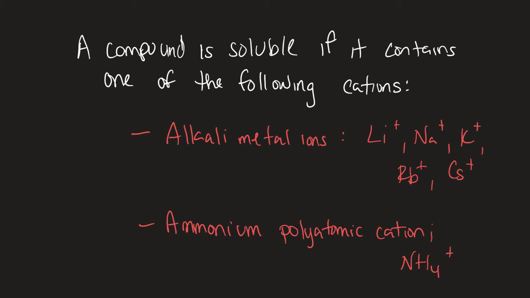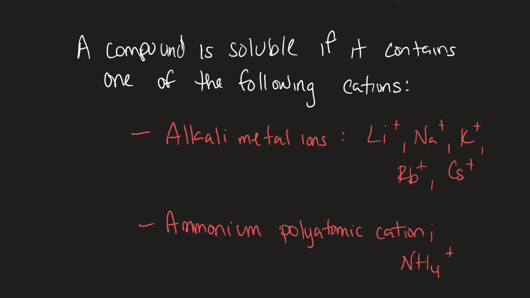So a compound is soluble, meaning it won't precipitate, if it contains one of the following cations. For example, if the compound contains any of the alkali metals, either the lithium ion, sodium ion, potassium ion, rubidium ion, or cesium ion, that compound will be soluble.